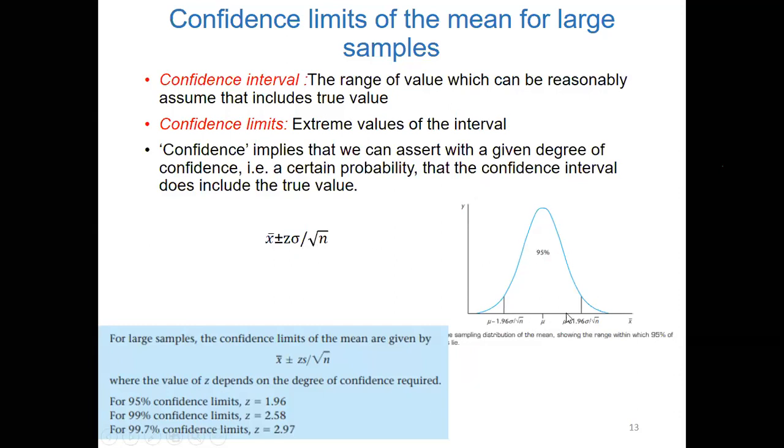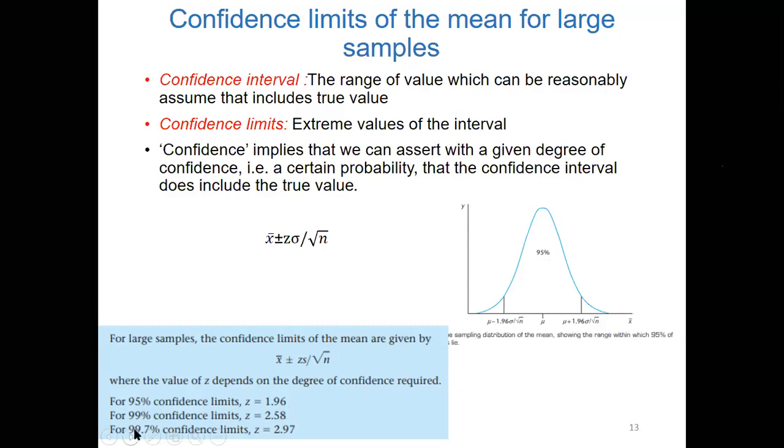Here, look at the graph. Mu is the true value, the mean here, and the limits can be mu plus or minus this value. For large samples, the z value for a 95% confidence limit is 1.96. For a 99% confidence limit, z is 2.58.